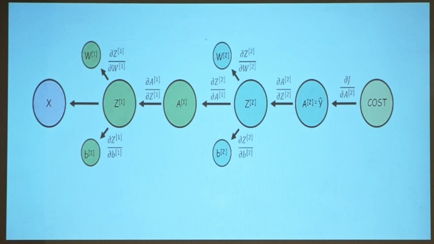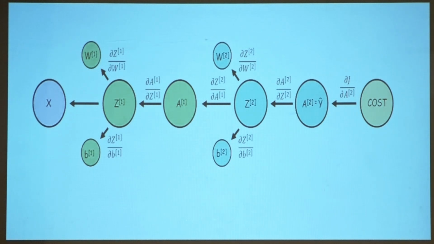After that, the output of z1 is given to A1. So here I calculate dou of A1 with respect to z1. And then I go for z2, dou of z2 with respect to A1. When I go for weights, I'll calculate dou of z2 with respect to w2, and z2 with respect to w1, and then finally I'll calculate my a2, which is nothing but my y prediction.